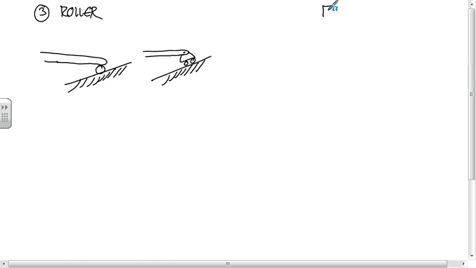So the free body diagram looks like this. And again, it would be reasonable to give that the name N, because that force is normal to the surface.